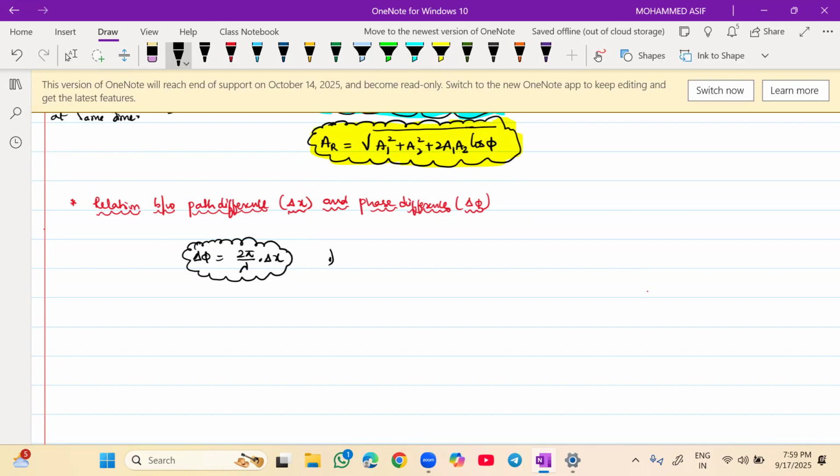In this one, see. For maxima, or we can call this one as bright point, or we call this one as constructive interference.